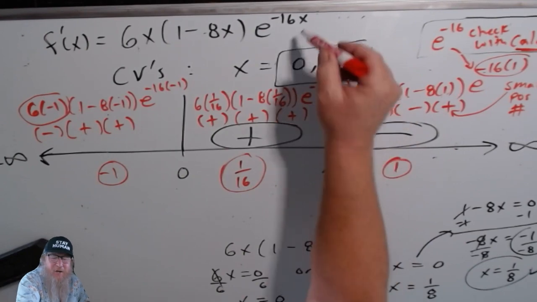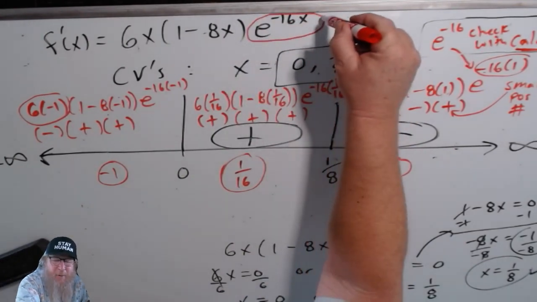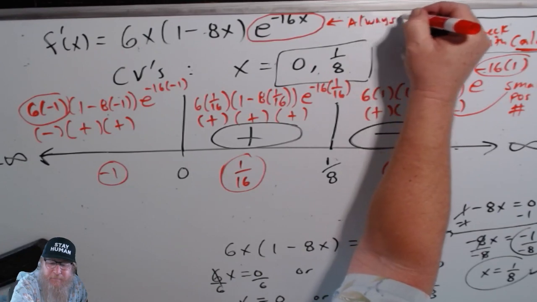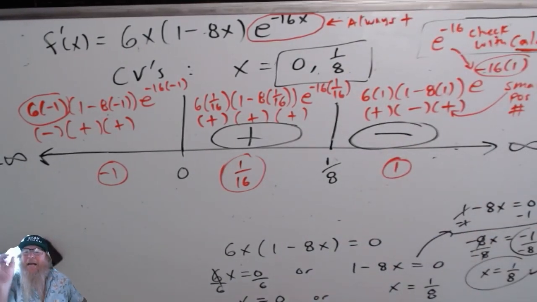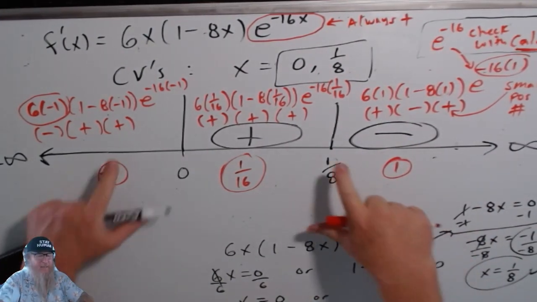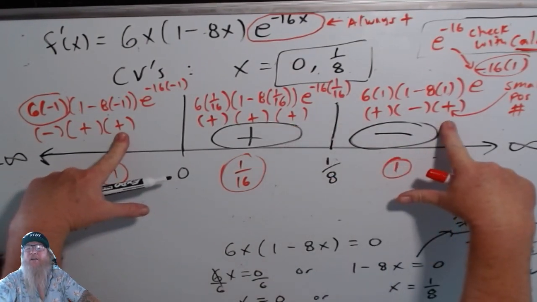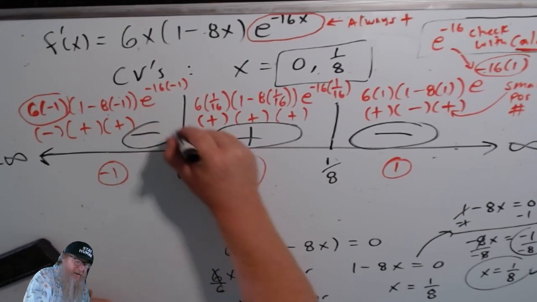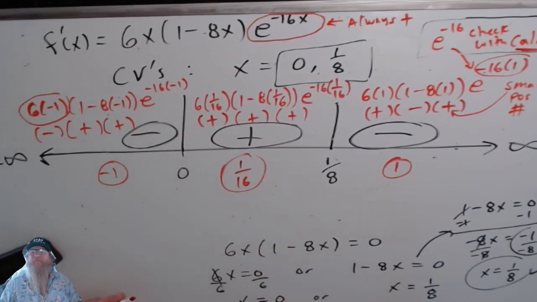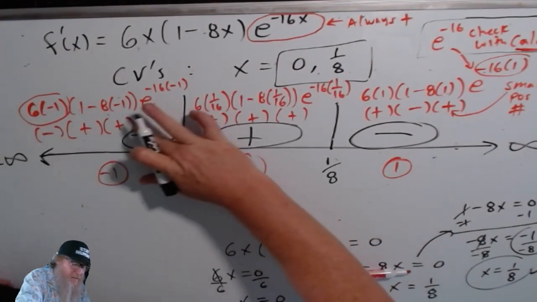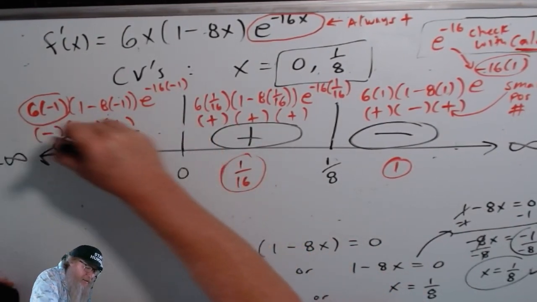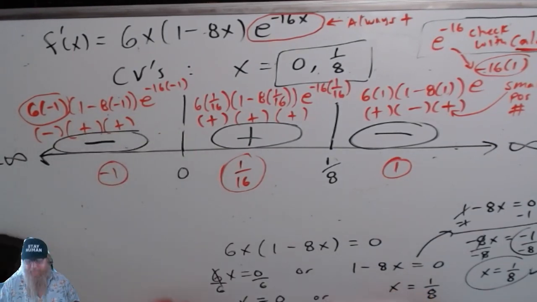In fact, you can really just ignore the e part because it's always positive. The last sign in all of these tests is always positive. So this one, negative, is the winner. Altogether, these three signs come out to be negative.